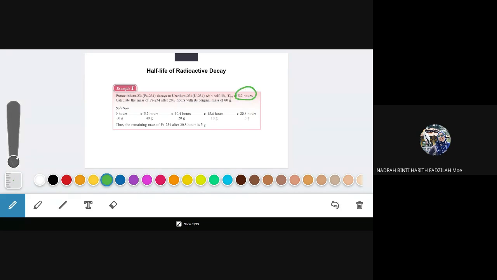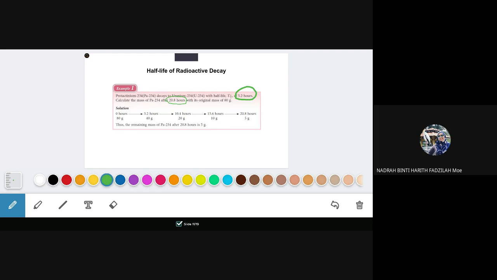So maksud dia dekat sini, whatever the mass of protactinium, after 5.2 hours, the mass will become half. So sekarang ni instead of just 5.2 hours, the radioactive decay occurs dalam masa 20.8 jam, 20.8 hours.